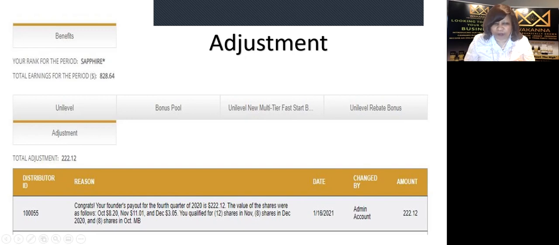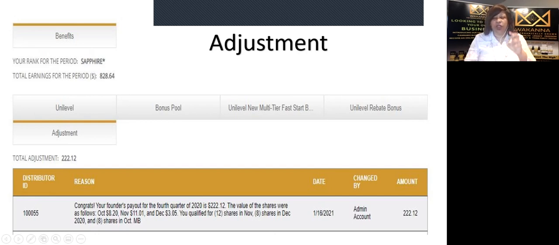It tells you the value of the shares. October, the shares were $8.20. November, they were $11.01. December, they were $3.05. And it tells you how many shares you qualified for: 12 shares in November, 8 shares in December, and 8 shares in October. And if you do the math, if you multiply the 8 times 8.20 and the 12 times 11.01 and the 8 times 3.05, it totals $222.12.